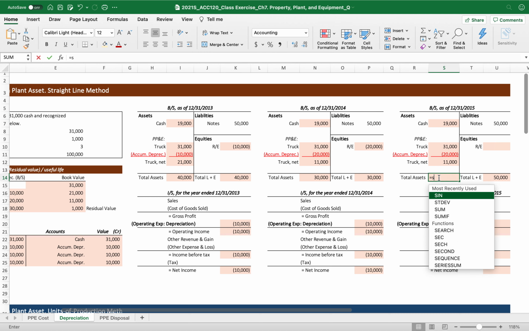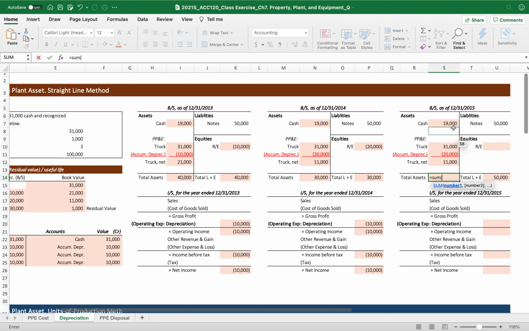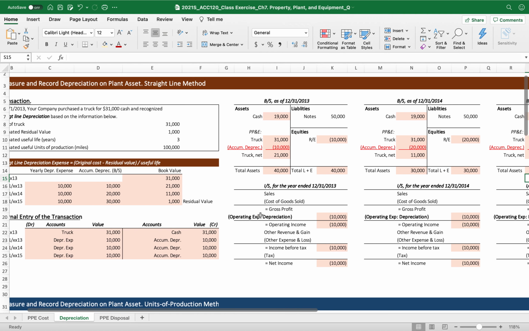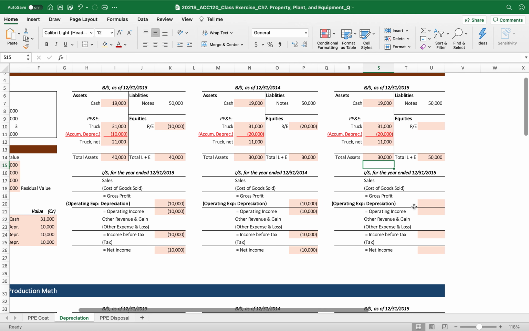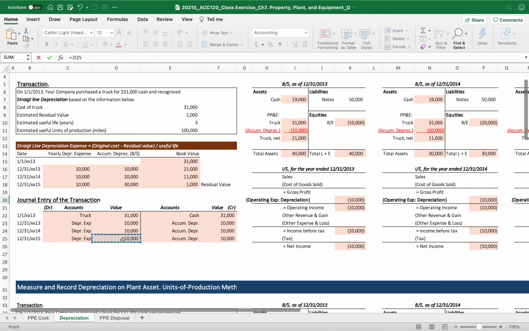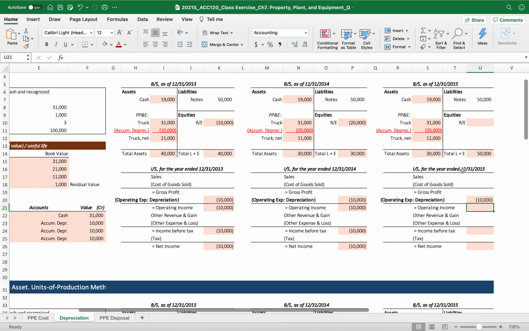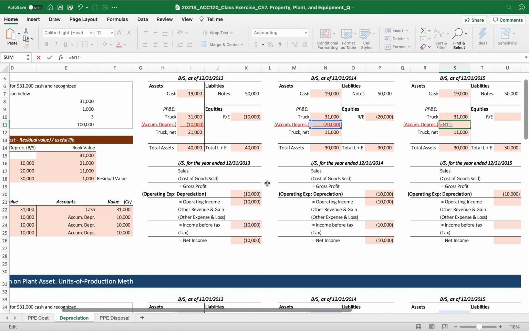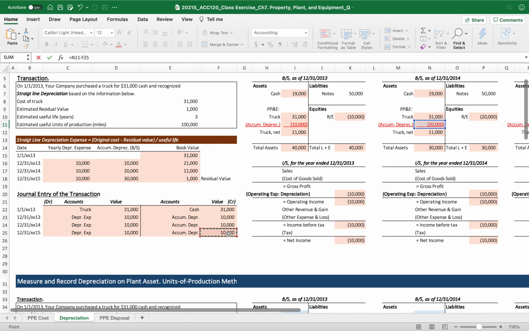So let me just start from there. Okay, then the last year depreciation expense is still the same, $10,000. Then accumulated depreciation should now be additional $10,000.